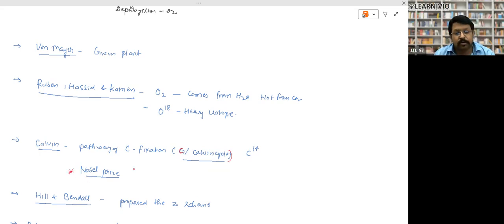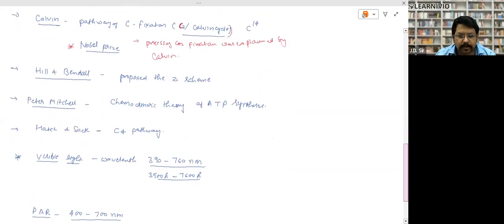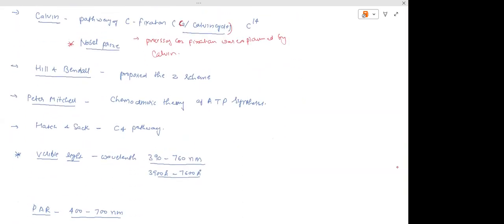Let me write it down: the process of CO2 fixation was explained by Calvin.